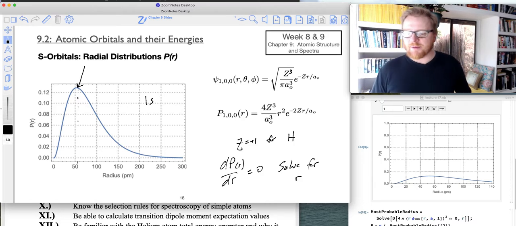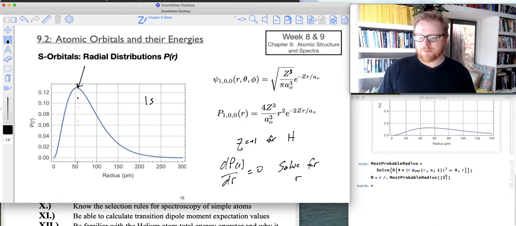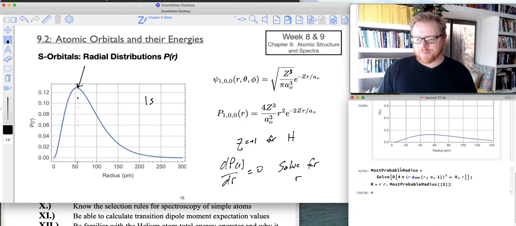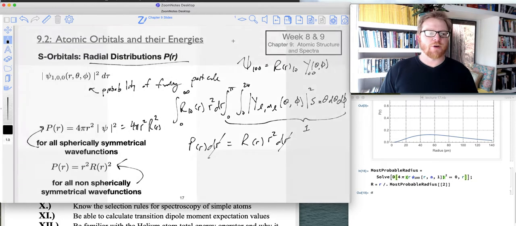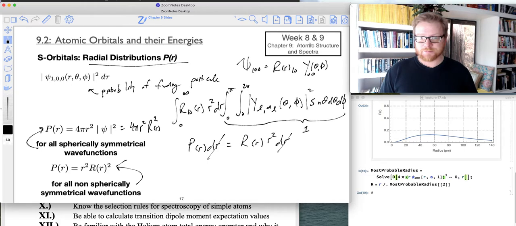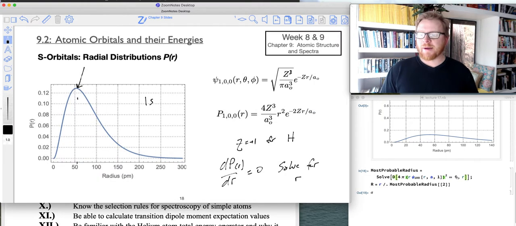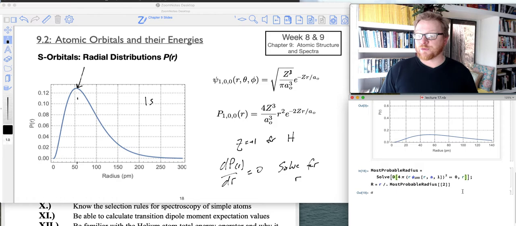Well, I did that in my Mathematica right here, okay? So you can see I'm calling it most probable radius, and I'm solving. Here is the derivative of my psi 100, and then I've got 4 pi r squared psi squared, okay? So I'm doing the proper radial distribution function that I put together right here, okay? And I've set that equal to 0, and I'm solving for r.